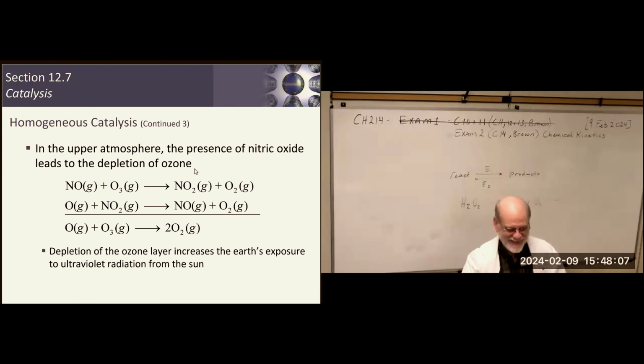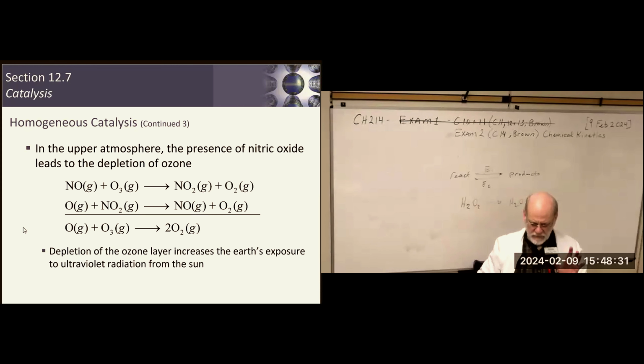Okay, so ozone can act as a catalyst in the upper atmosphere. And it destroys nitrogen oxide, produces nitrogen dioxide.